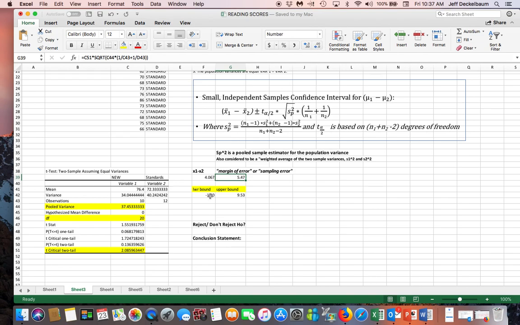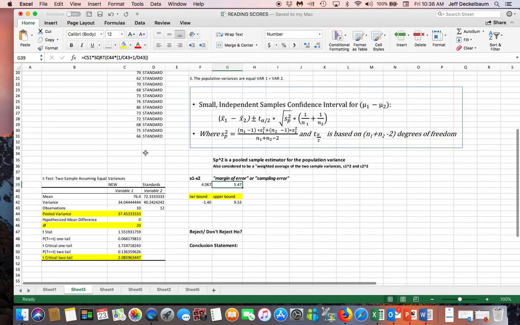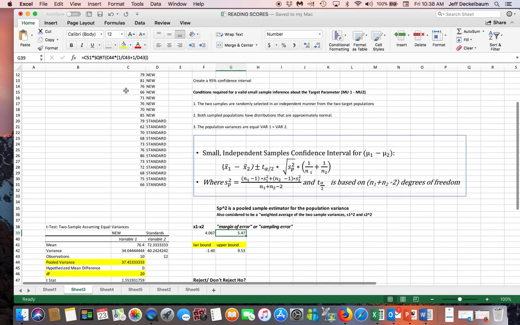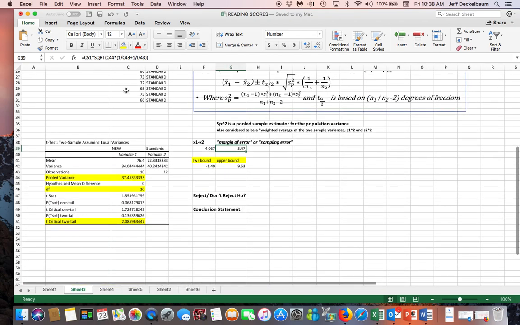And so our confidence interval goes from a lower bound to an upper bound. So what conclusion do we draw from this confidence interval that has analyzed these two groups of students in the interest of forming a conclusion about the population difference?